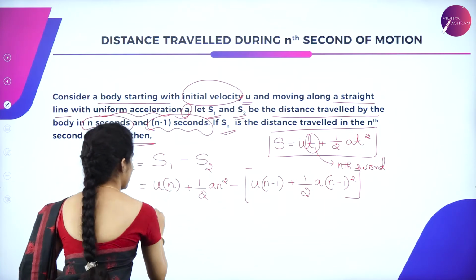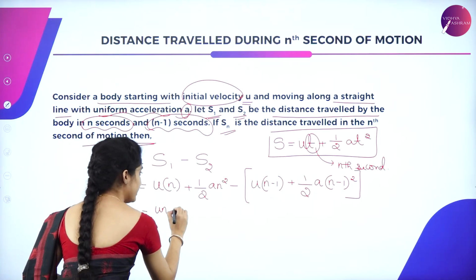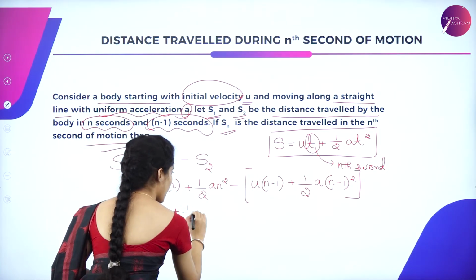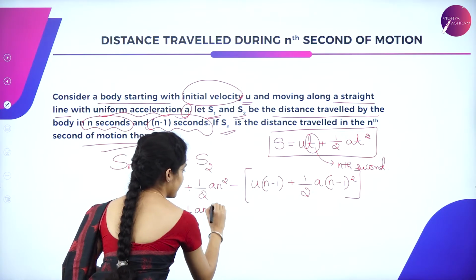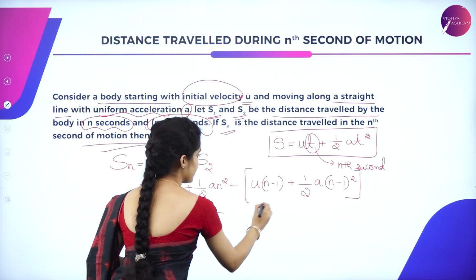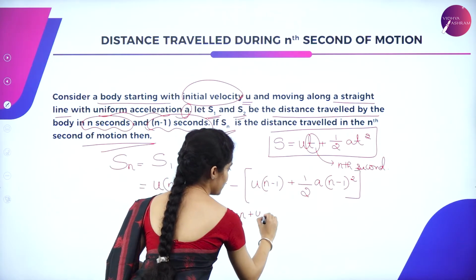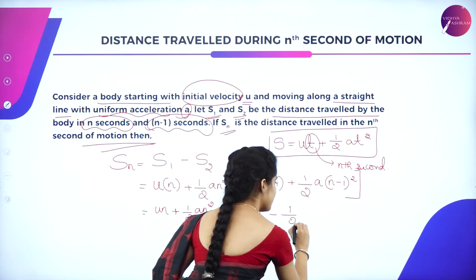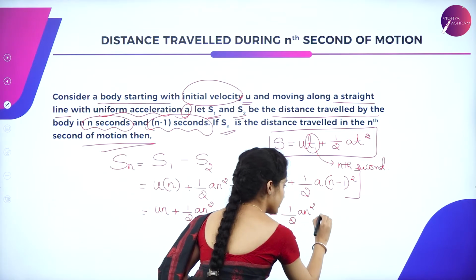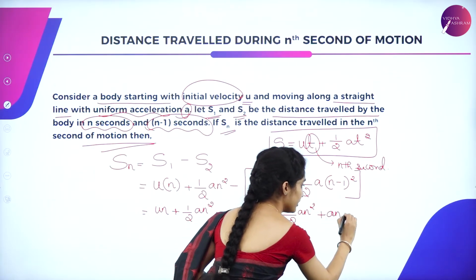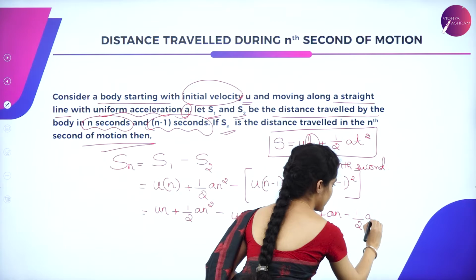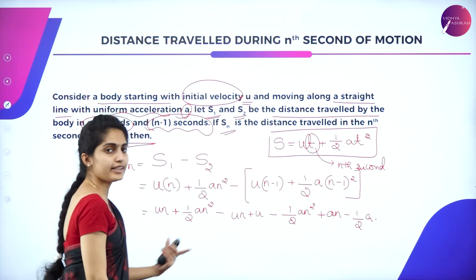So solve this, which is equal to un plus half a n square minus, un plus u minus half a n square plus a n minus half a. On solving this, you're getting this equation.